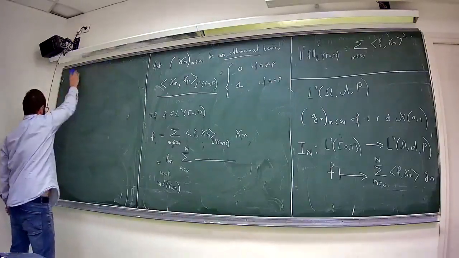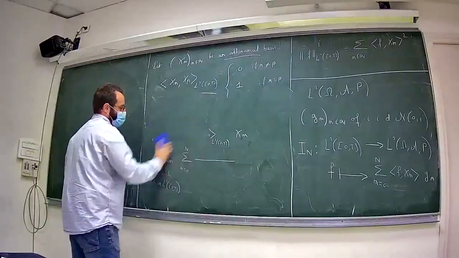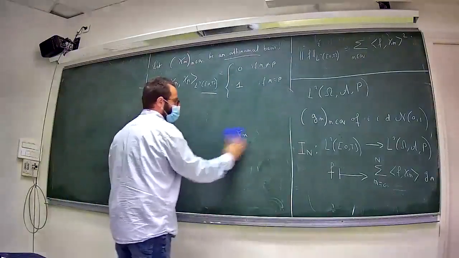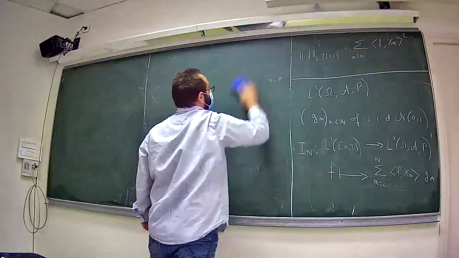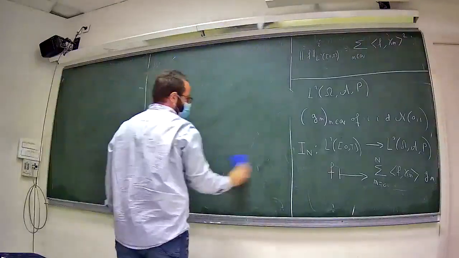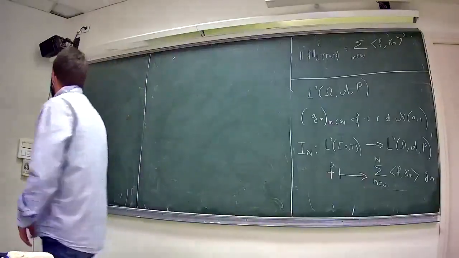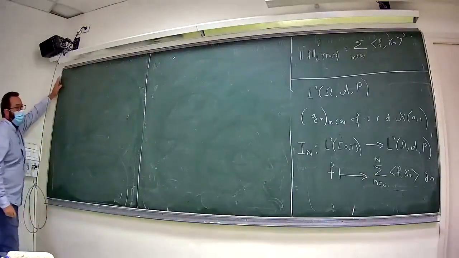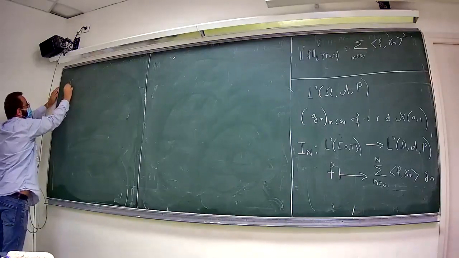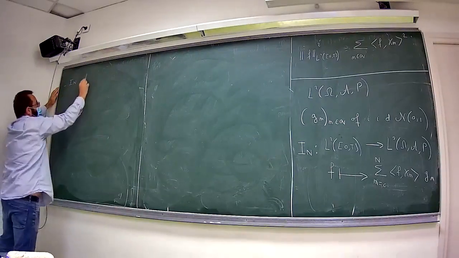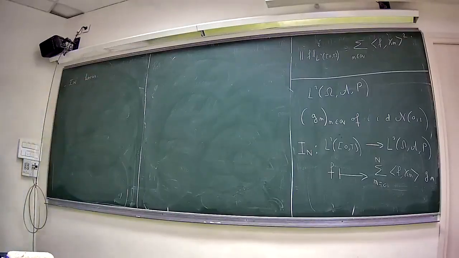Now, first we are going to study this mapping. It has some interesting properties. I say that I have something that is linear. Are you okay with this?